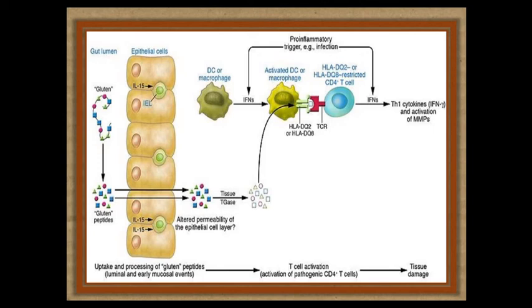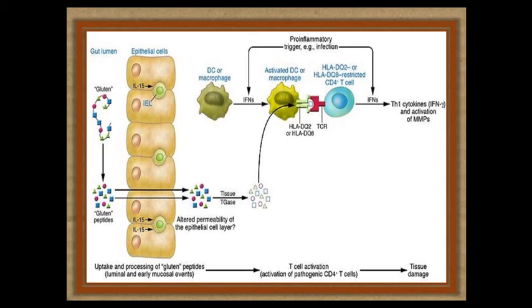So this gliadin will be deamidated by an enzyme called tissue transglutaminase. This enzyme converts some of the abundant glutamines to glutamic acid, and I say deamidated.